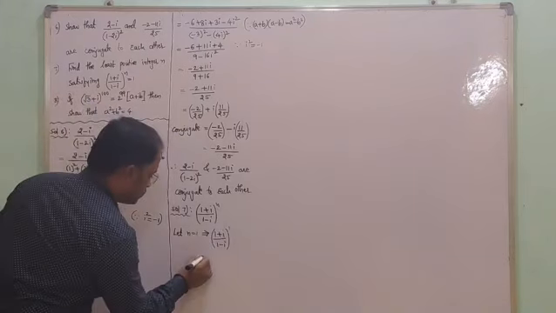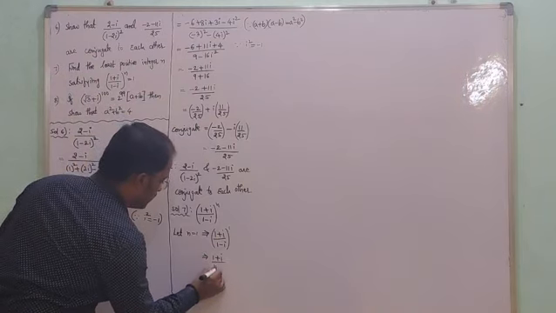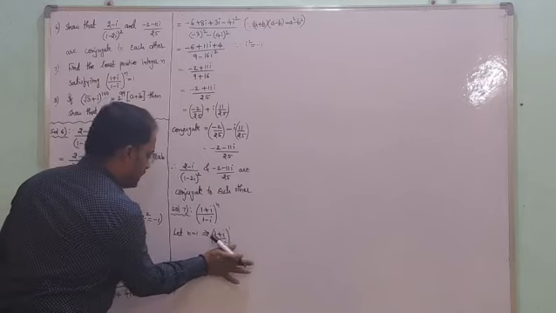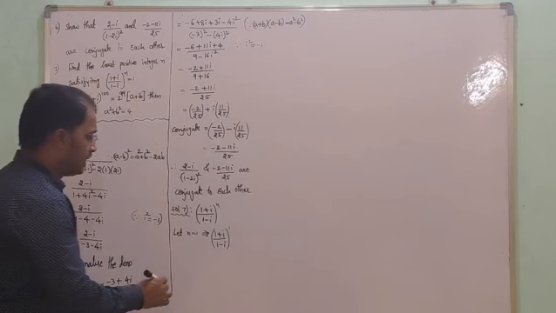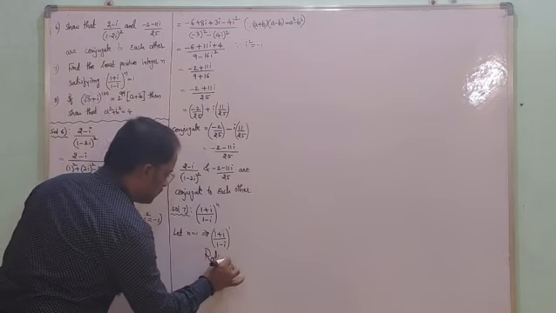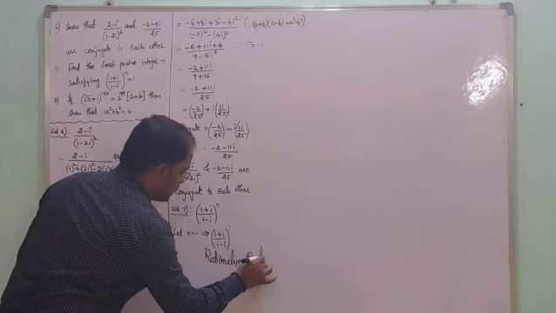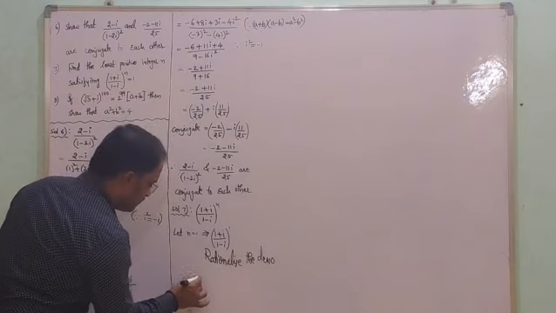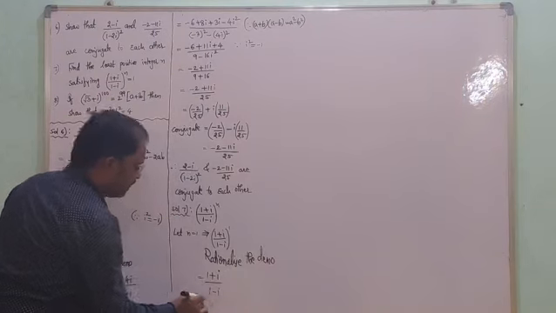So (1 plus i) by (1 minus i). The denominator is a complex number, so rationalize the denominator.